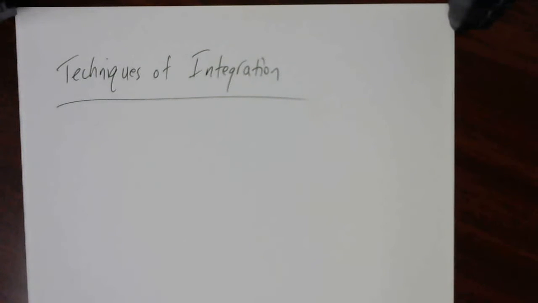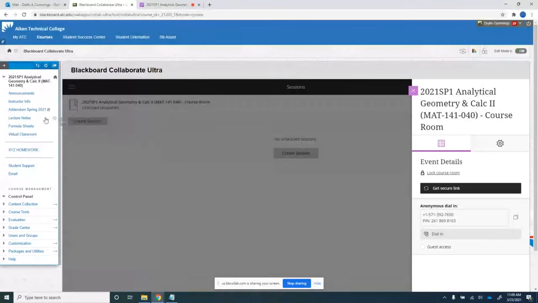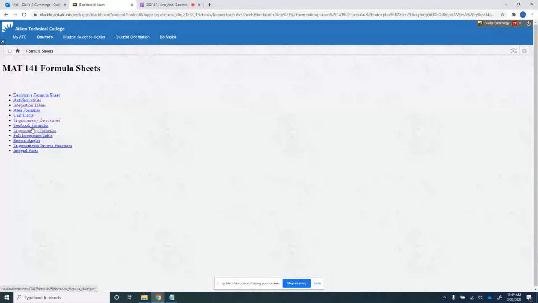So here are some of the documents that you're going to need for class today. I'm going to go back to the desktop screen. All right, so in our course, in this formula sheet section, you're going to need the integration tables.